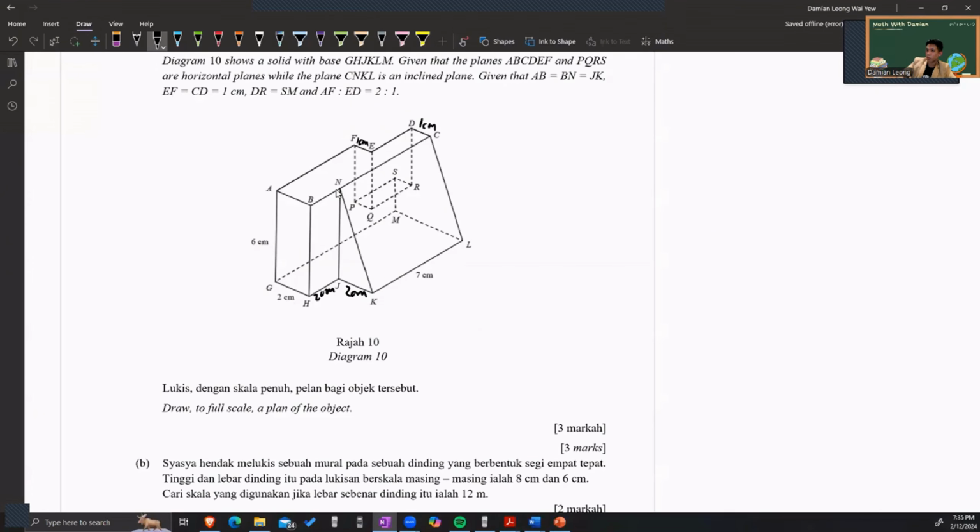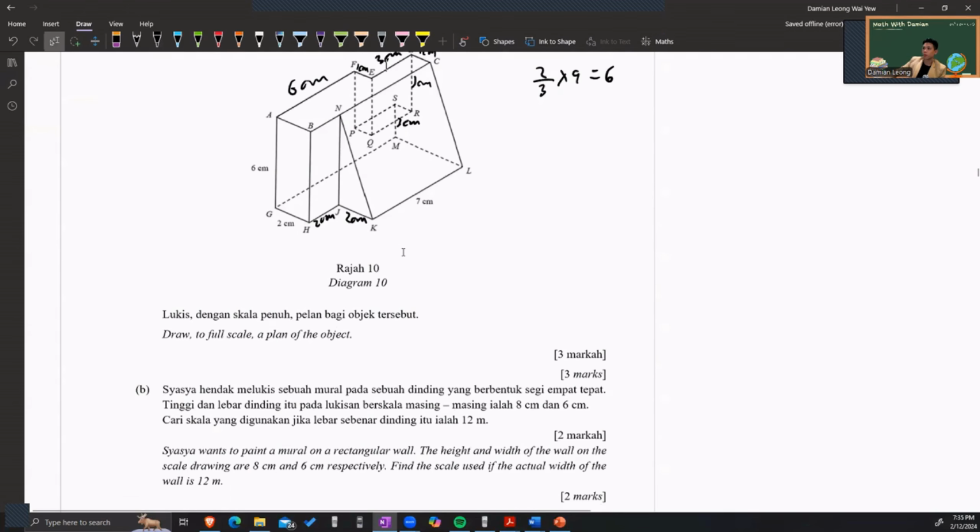D to R, S to M is the same, means holding here 6 cm means you split 3 cm and 3 cm. AF to ED ratio 2 to 1. So here 9 cm all the way. So I split 2 to 1 means if I take 2 over 3 times 9 is 6. 6 cm here, 3 cm here.